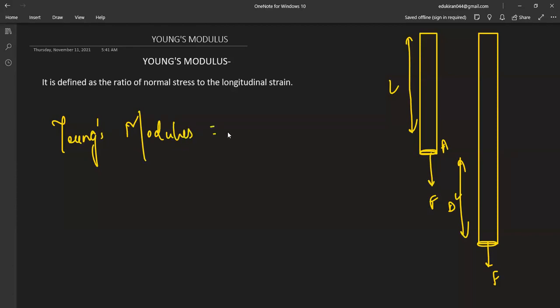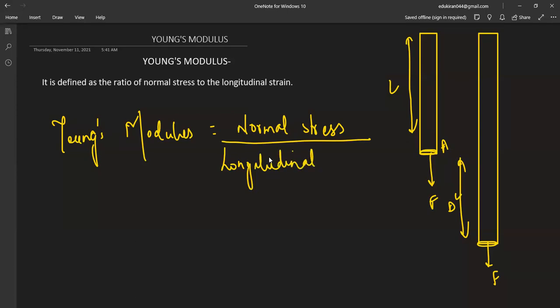So Young's modulus, what did I say? Young's modulus is basically the ratio of normal stress, meaning the change in length, to the longitudinal strain. So this becomes normal stress to longitudinal strain.